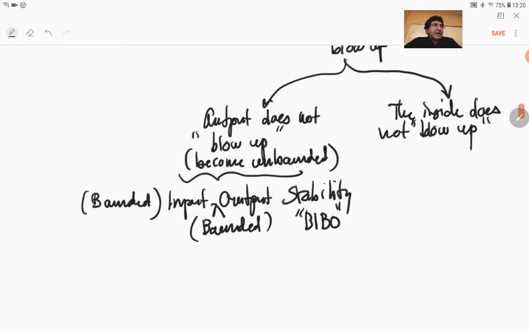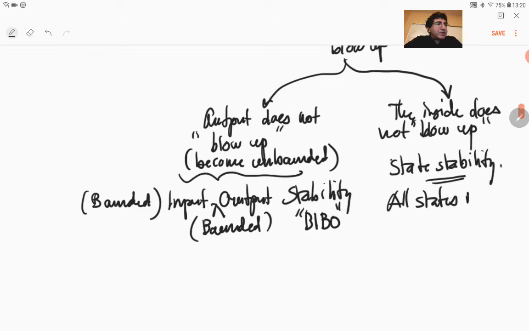Okay? And if you're talking about what the inside of the system is doing, usually what you mean is state stability. Okay? State stability. So what you mean is if you have a bounded input, all the states remain bounded.